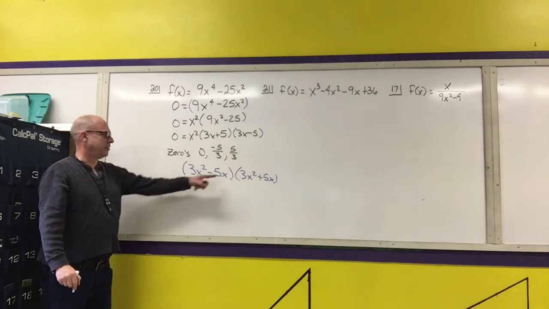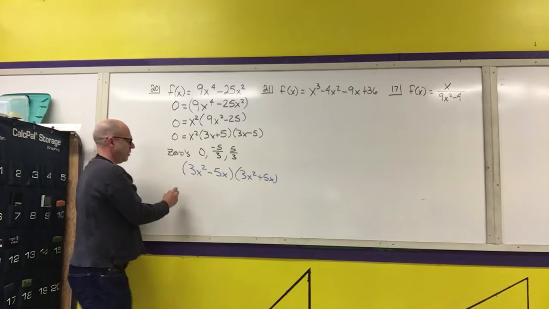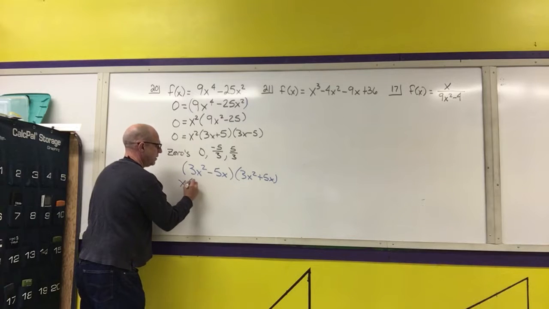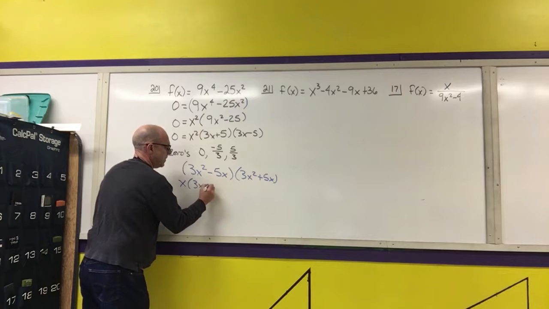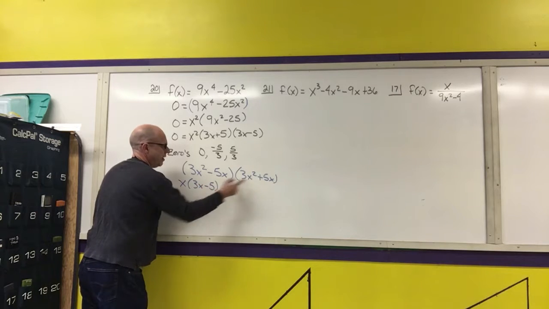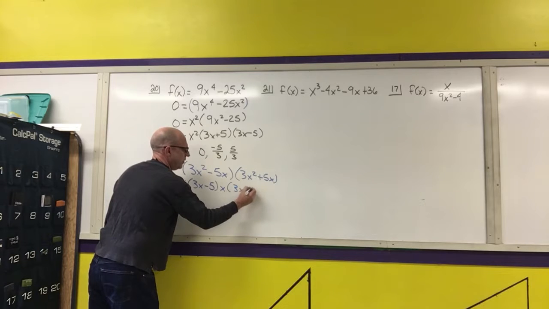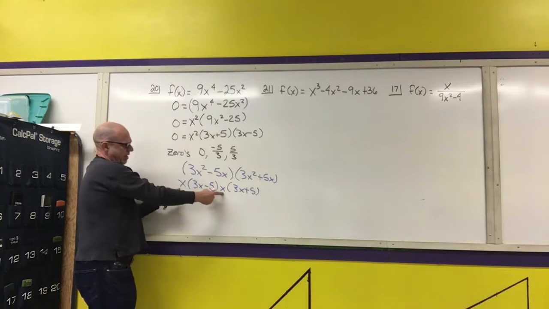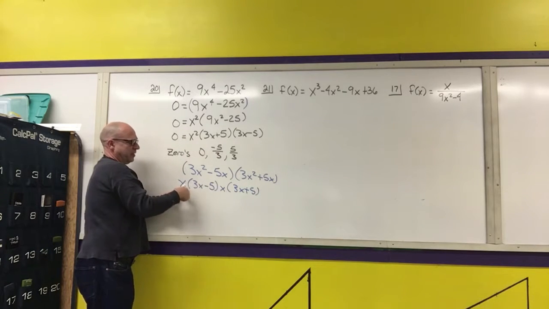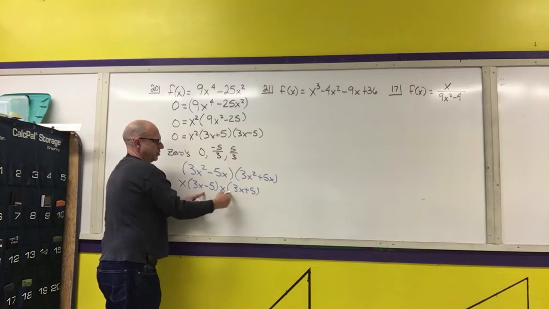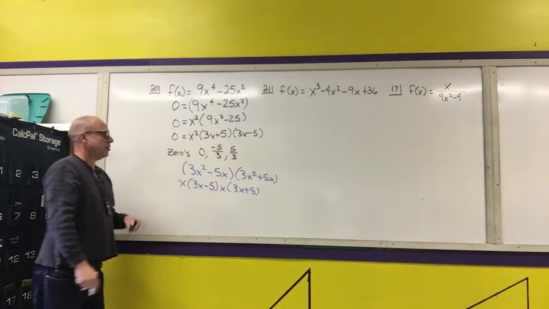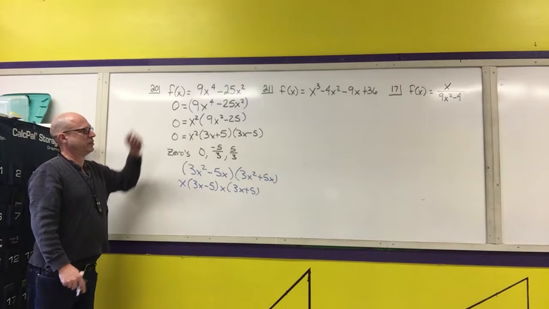And then factor out the greatest common factor out of each one of these, and that would have given me x times 3x minus 5. Pull out the x here, and 3x plus 5. And notice I have x equal to 0 at both of these places, and I end up with the other zeros from my remaining factors. So there are two ways to have factored this one initially.